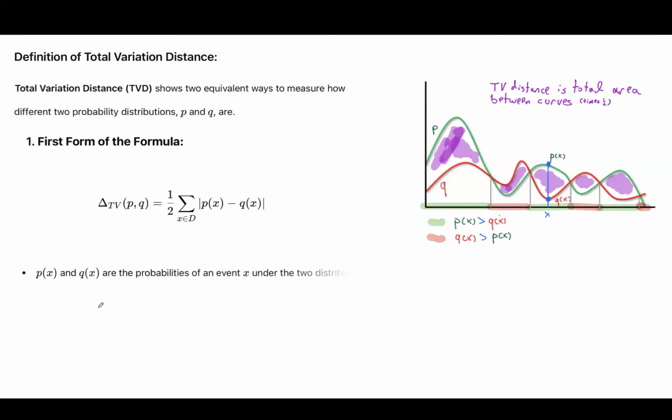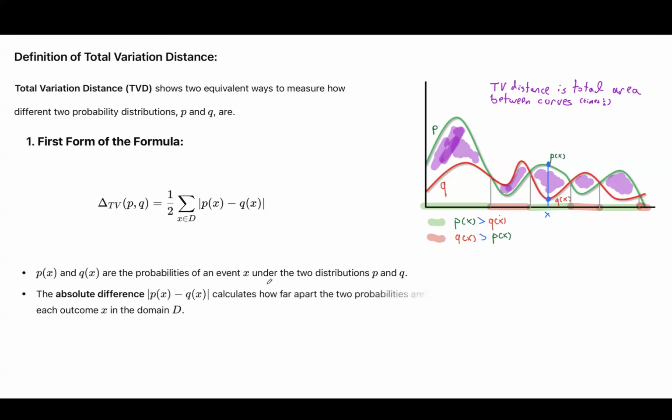P(x) and Q(x) are the probabilities of an event like x under the two distributions P and Q. The absolute difference between these probabilities calculates how far apart the two probabilities are for each outcome x in the domain D.